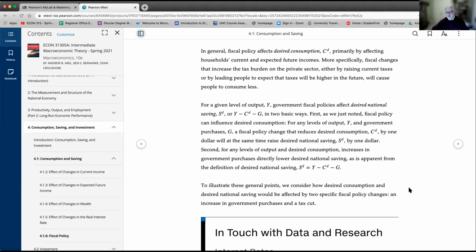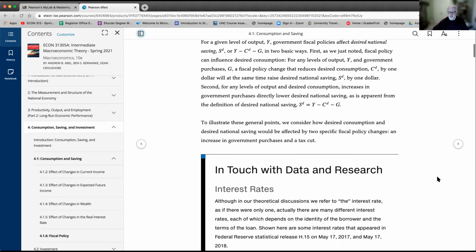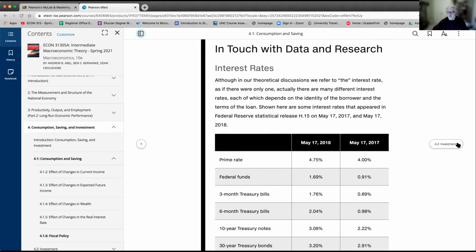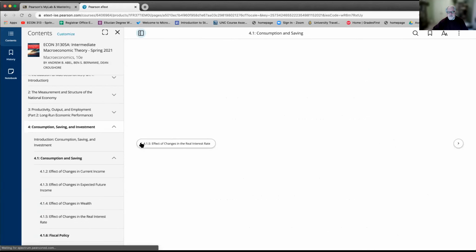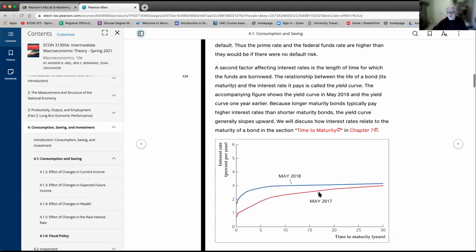But if that's not the case, then there will be some offsetting impact on the economy. And that's partly what this section of the chapter is talking about. Right? So that's saving, and we can get a saving curve ultimately.